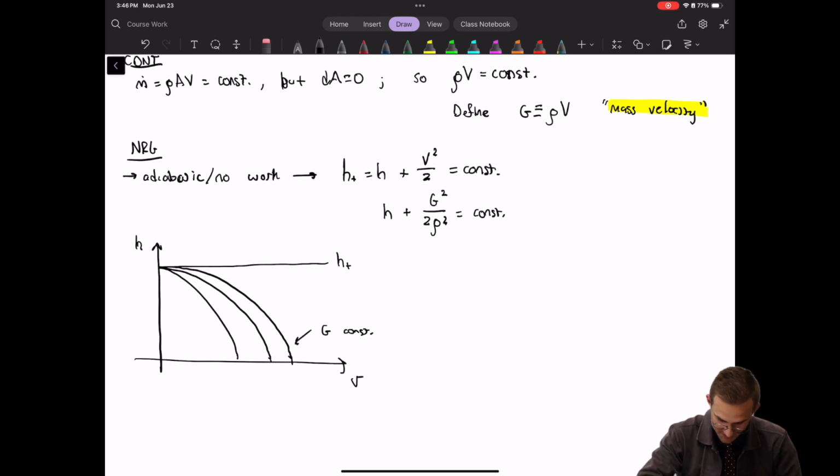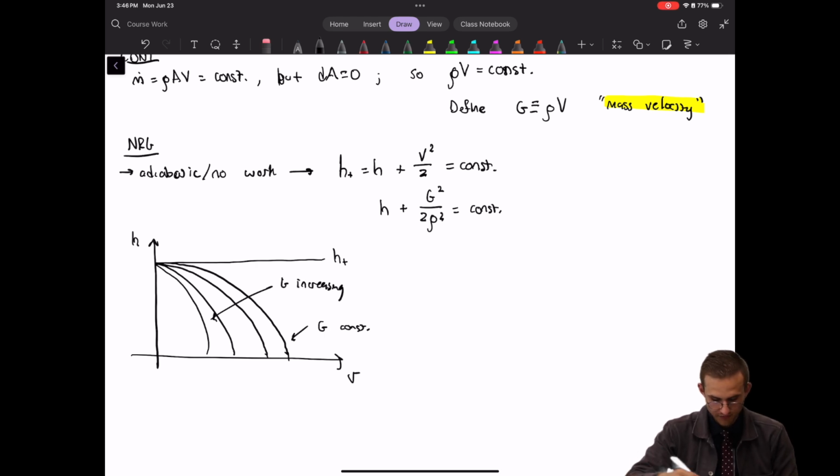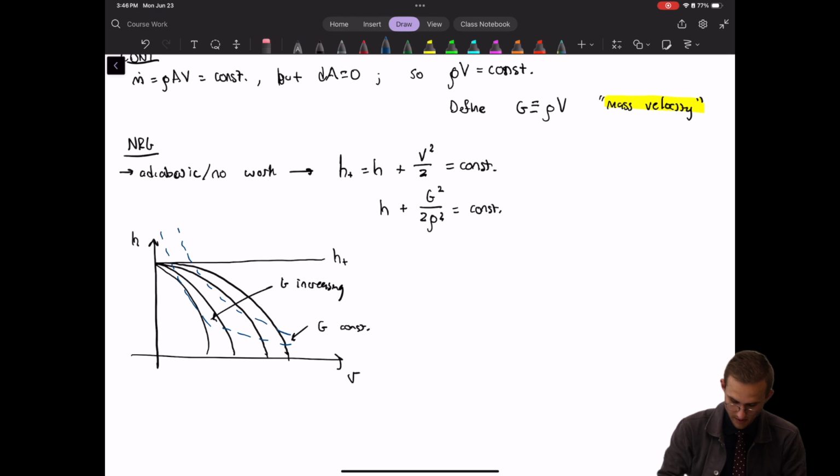As you move inwards in this direction, this is the direction in which G is increasing. Okay, and if we were to, at the same time, draw lines of constant entropy on the same diagram, we would get lines that look like this, where S is increasing this way.